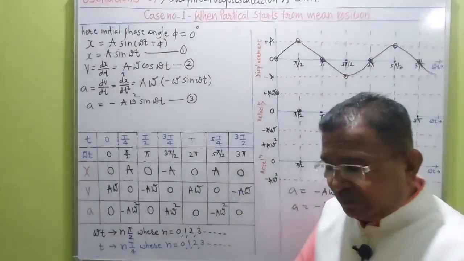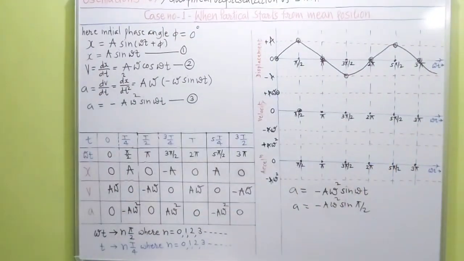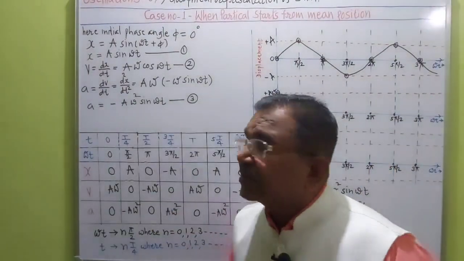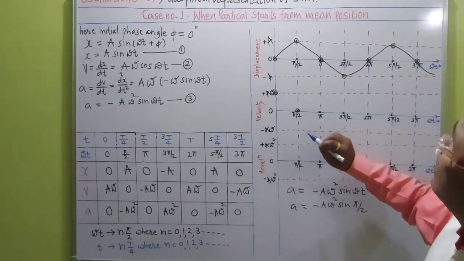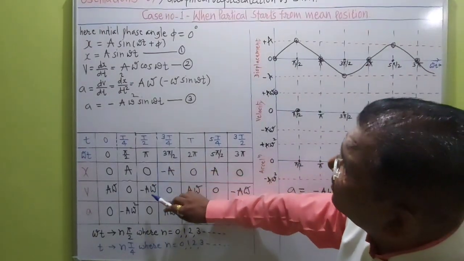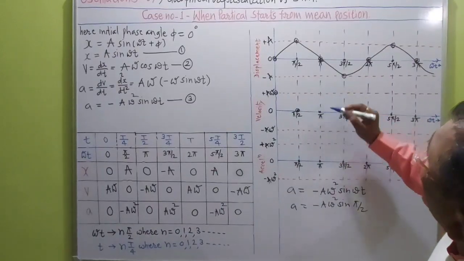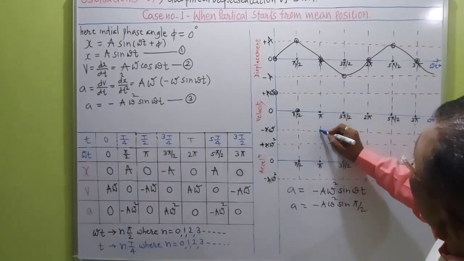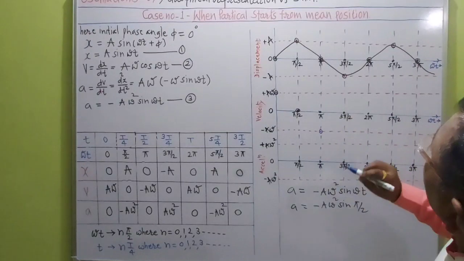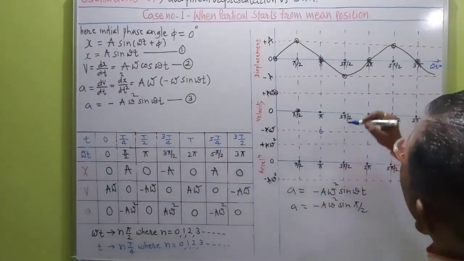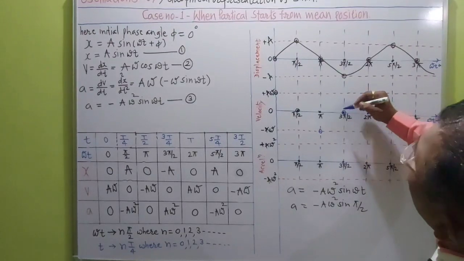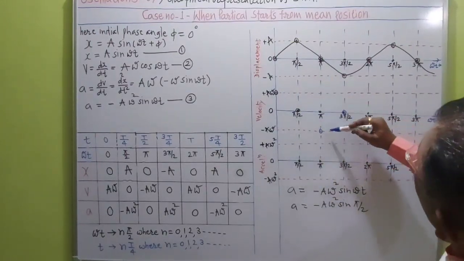I will change the pen color. Then at the time of pi, velocity is minus A omega. We get a point here. Then next one, at the time of 3 pi by 2, velocity is again 0. So we get a point like this.